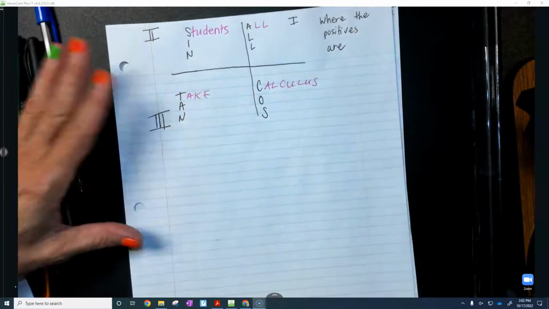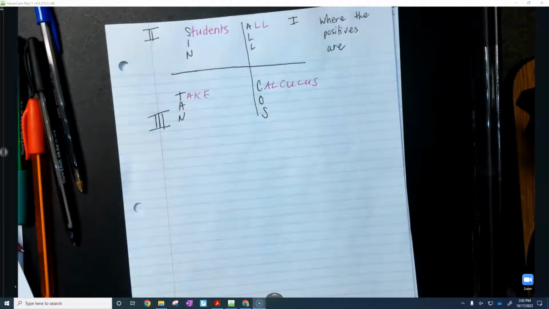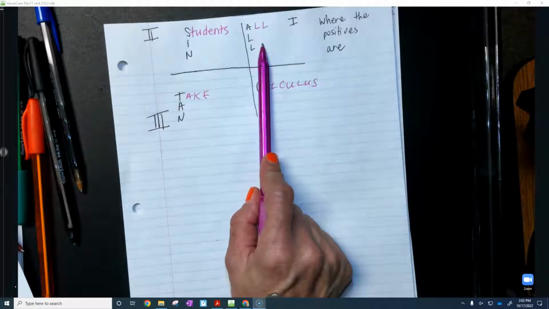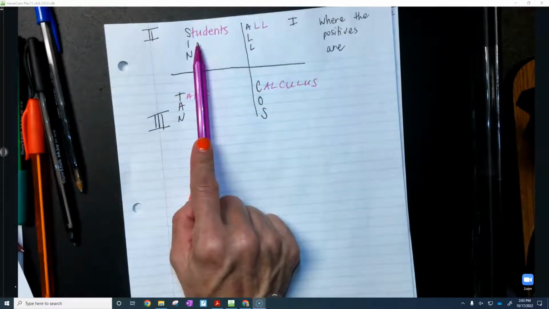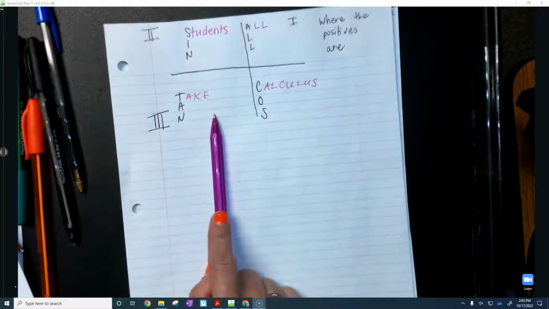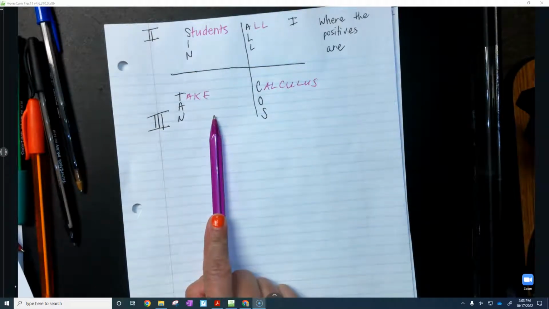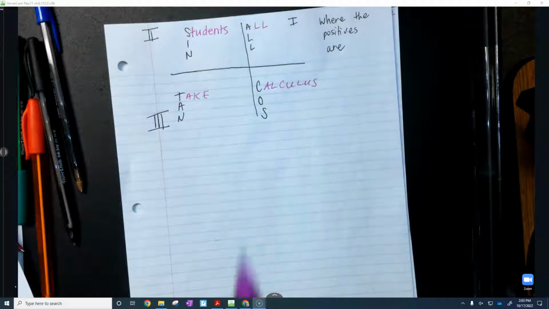Now I know it might not be true. That's okay. But that is going to help me remember which ones are positive. I have to know that. First quadrant, they're all positive. That's great. Second quadrant, only sine is positive. Third quadrant, only tangent's positive. Fourth quadrant, only cosine is positive.